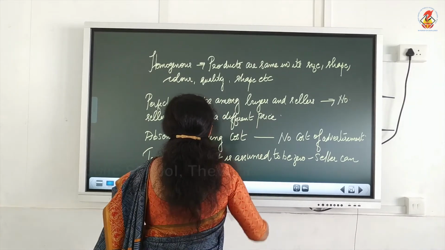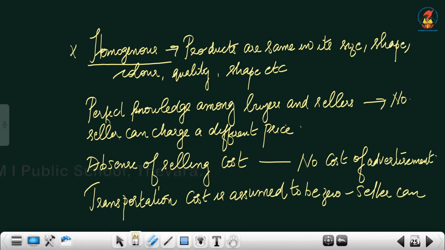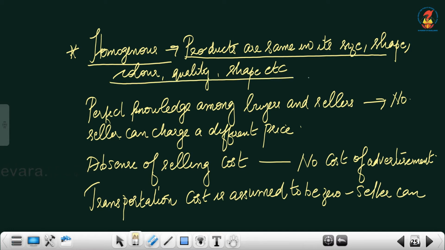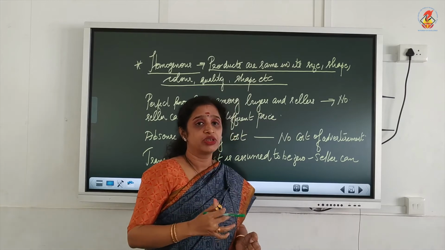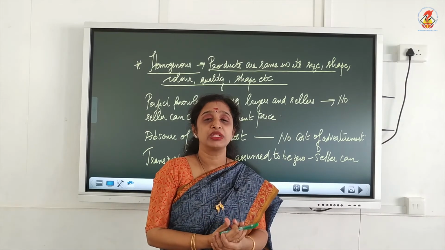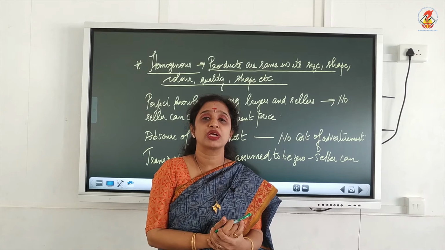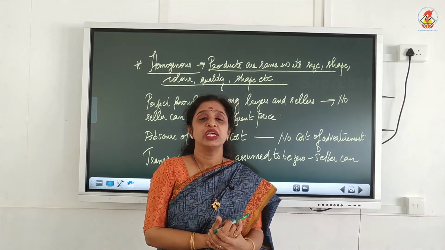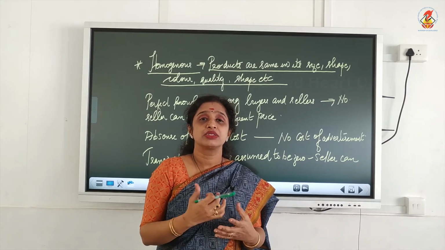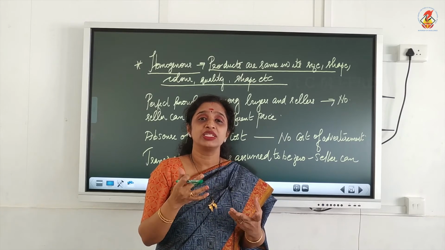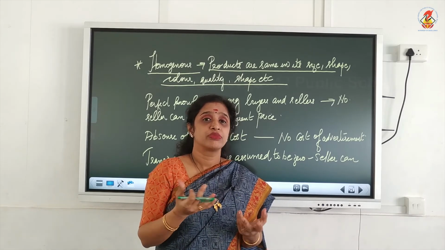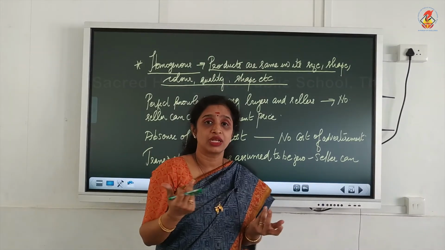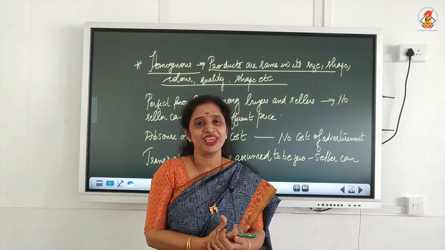Now, next one is homogeneous products. The next feature of perfect competition is homogeneous products. The products are the same in size, shape, color, quality, etc. For example, the rice powder produced by one particular company, say Brahmins: its color, size, shape, quality will be the same if it is sold by different sellers, because the same industry is producing the product.